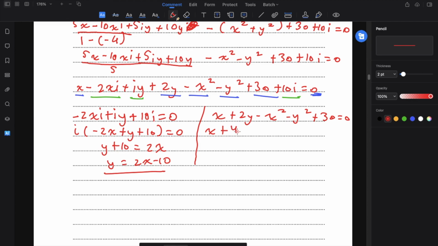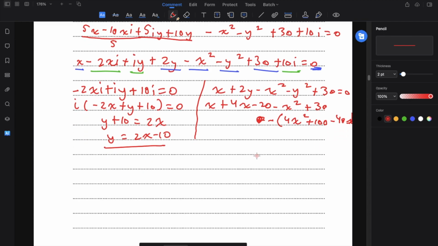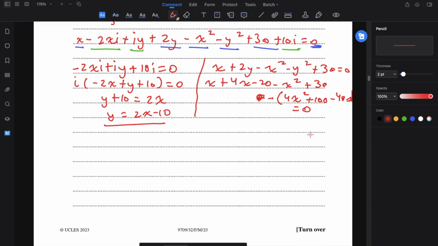So x plus 4x minus 20 minus x squared plus 30, and we'll subtract this y squared value. 2x minus 10 whole squared becomes 4x squared plus 100 minus 40x. So we have that, and this all is equal to 0. Let's now try to simplify this. 5x plus 10 minus x squared minus 4x squared minus 100 plus 40x is equal to 0.